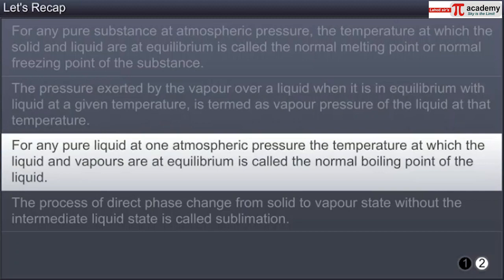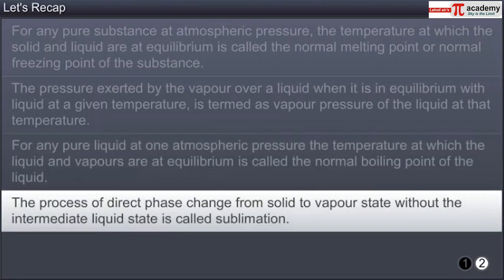For any pure liquid at 1 atmospheric pressure, the temperature at which the liquid and vapor are in equilibrium is called the normal boiling point of the liquid. The process of direct phase change from solid to vapor state without the intermediate liquid state is called sublimation.